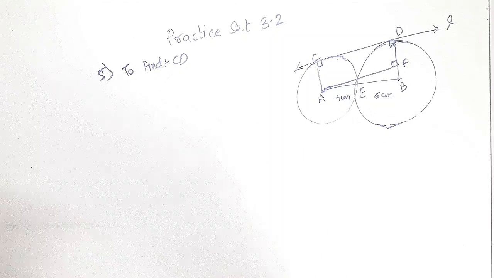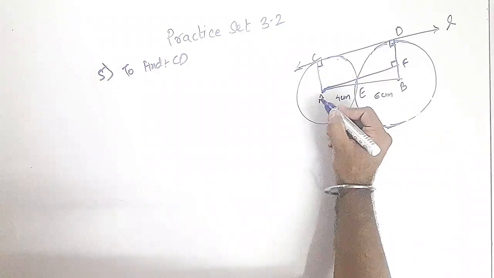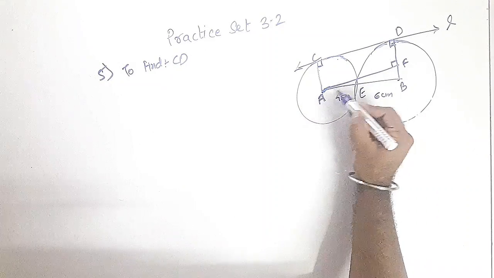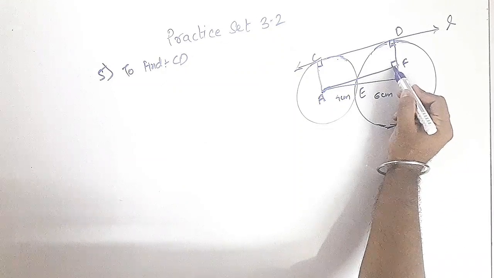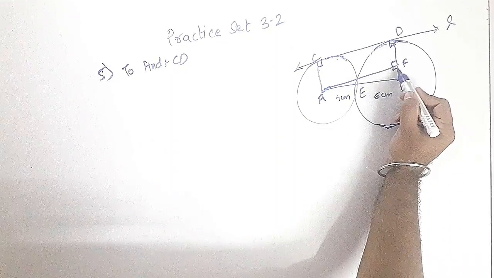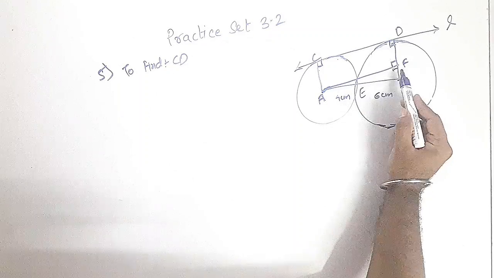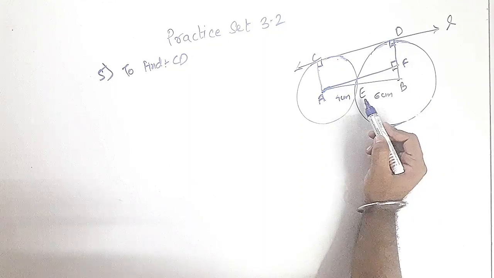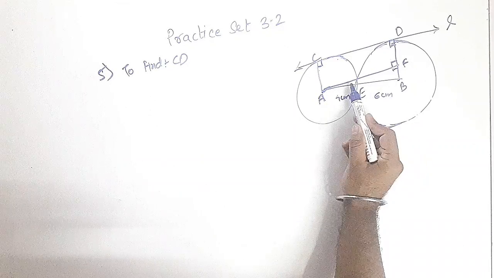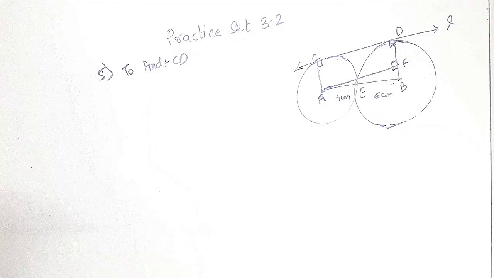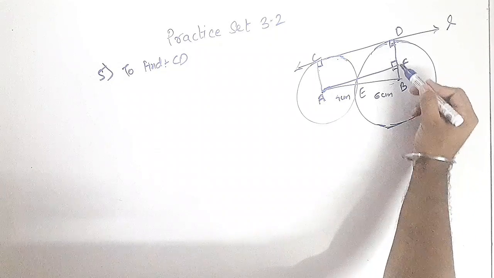Now you try to think, how can we find AF? To find AF, if this is a right angle, this also is a right angle. So the triangle that you can see is a right angle triangle. This is 10 centimeter, 4 plus 6, and BF, I can find.